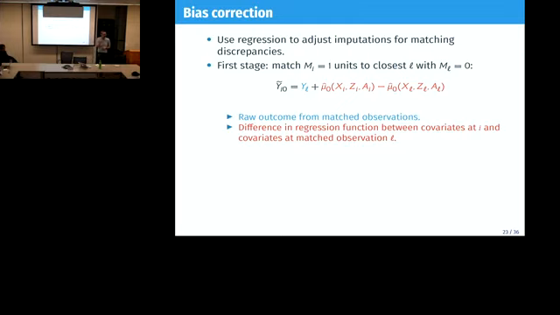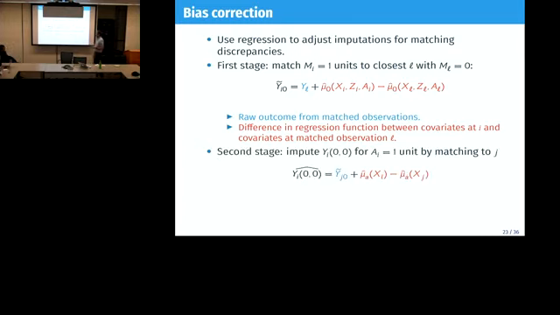The idea is we're using regression to figure out how much matching discrepancy there is in terms of the conditional expectation function. We add our estimated bias to the estimate, and that takes away the bias from the outcome. So it's going to give us an imputed value.